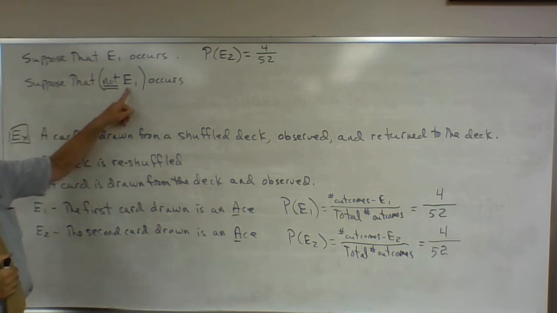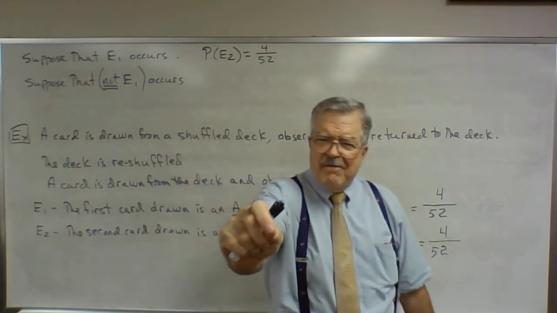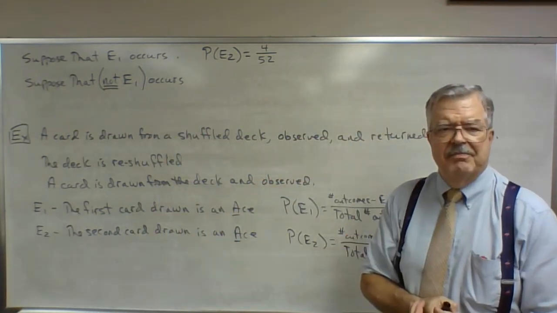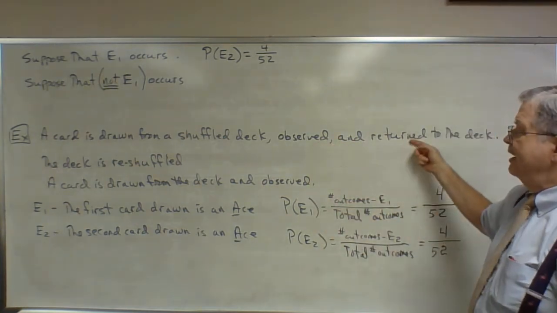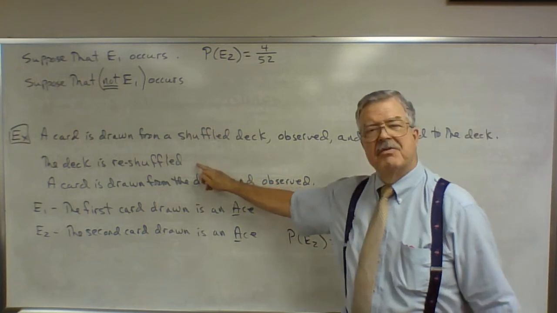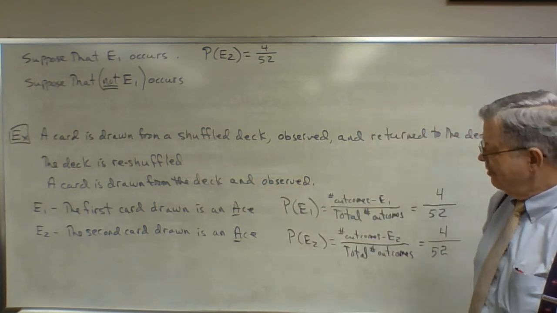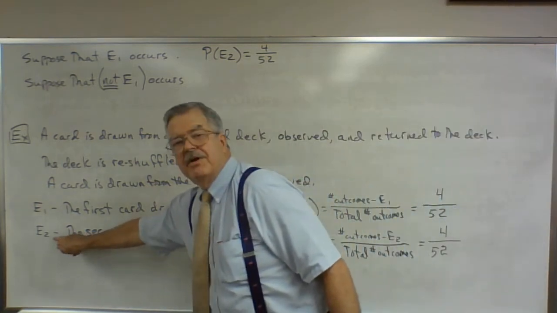Now, suppose that not E1 occurs. In other words, we take that first card from the deck, and it's not an ace. But we observe what that card is, we return it to the deck, and we reshuffle the deck. What's the probability that E2 occurs?